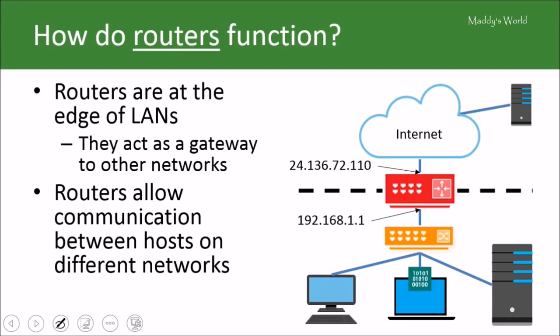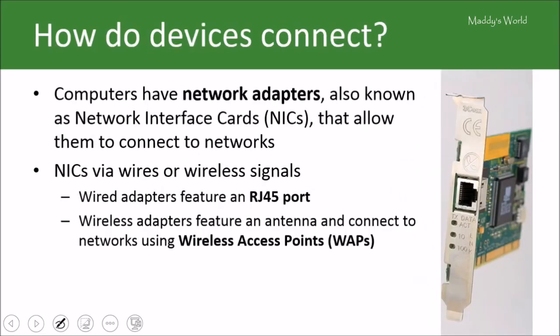Here's a quick example of that data going out to the internet. Pretty cool stuff, right? All of these devices connect to each other via network adapters. Network adapters are also known as network interface cards, and these are the pieces of equipment that make it possible for computers and even our cell phones to communicate with each other.